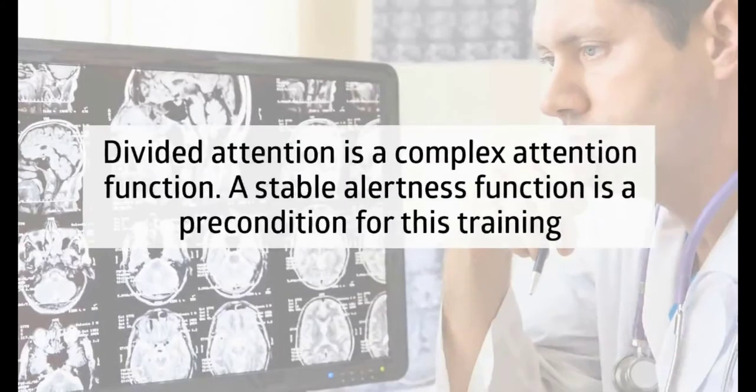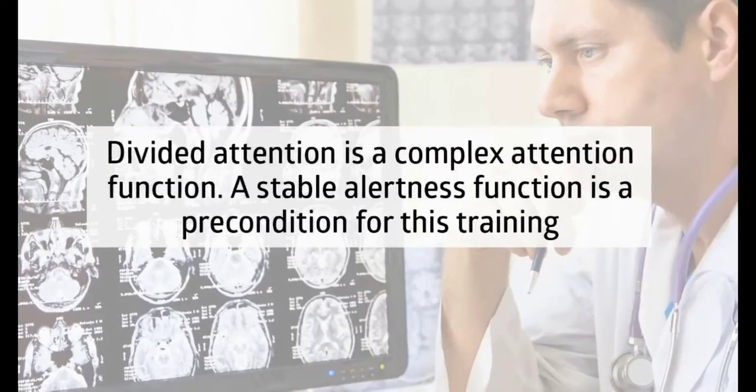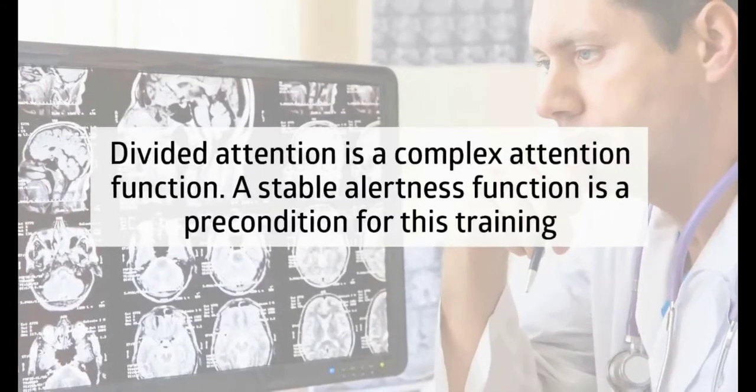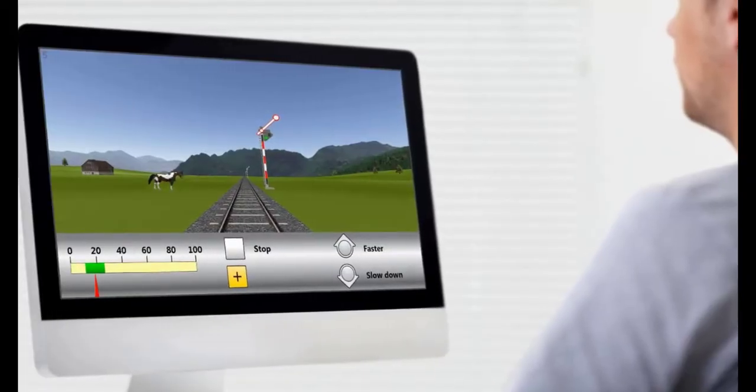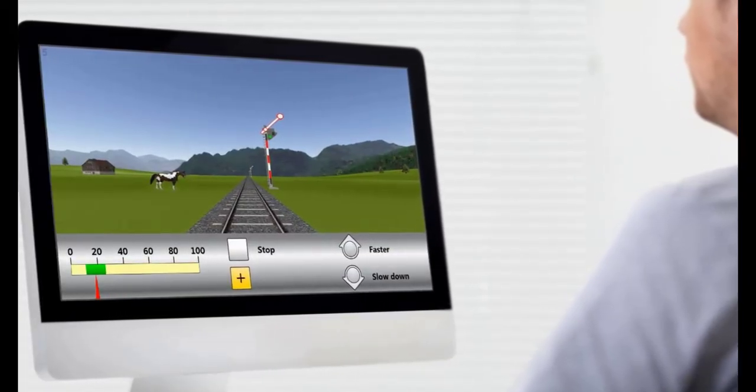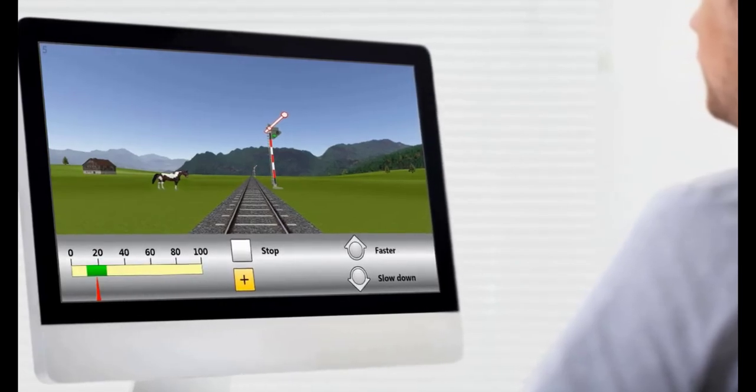The divided attention is a complex attention function. A stable alertness function is a precondition for this training. Patients with severely impaired divided attention should start the therapy with the RehaCom module Divided Attention 1.